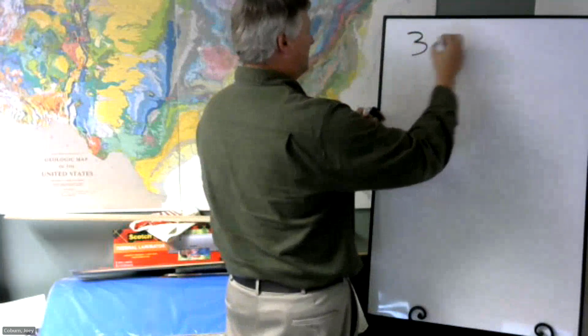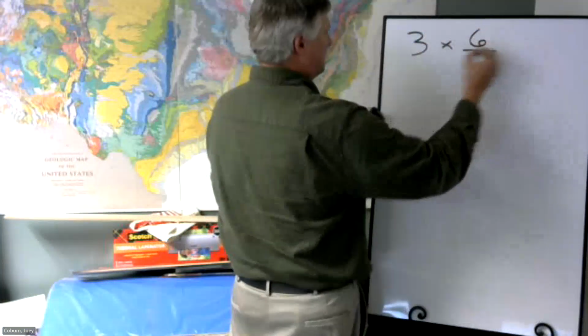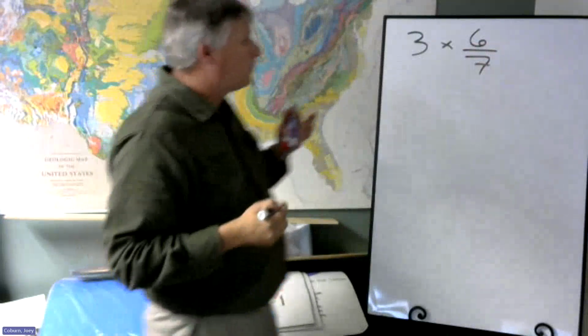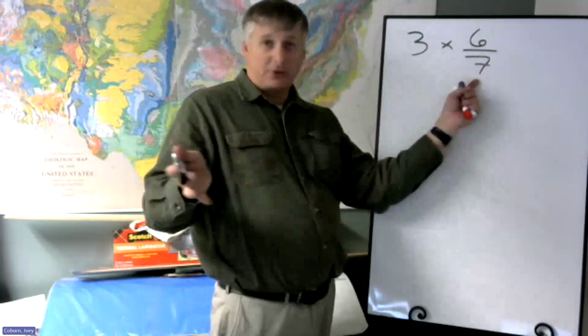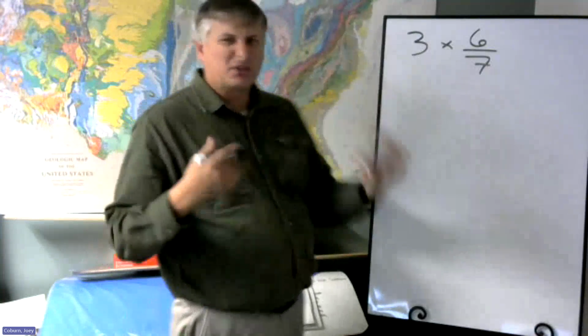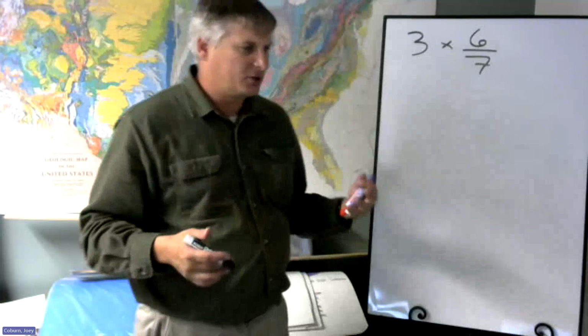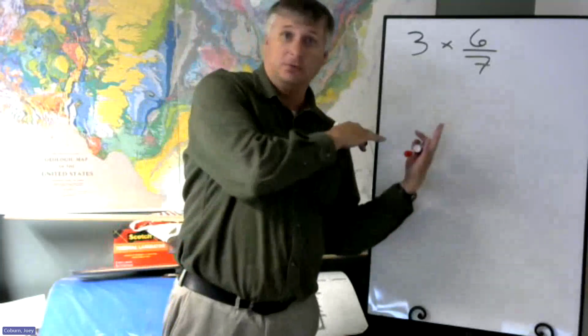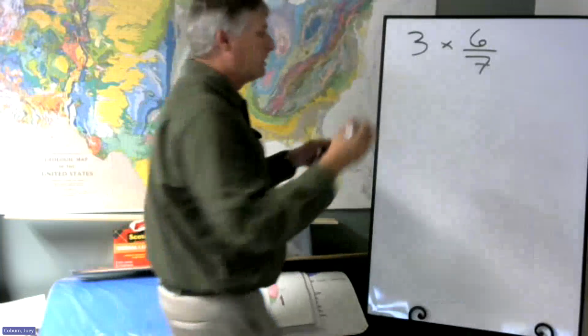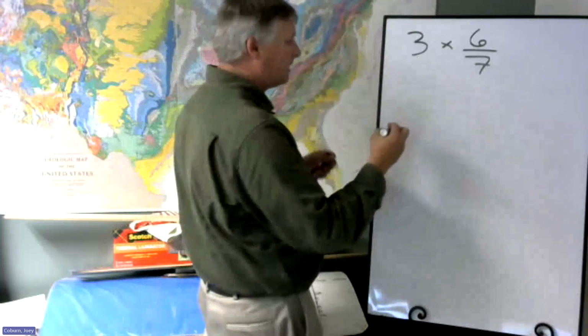You might also see something like this. What do you do here? Well, we have a fraction. It's a proper fraction, so it's not a mixed number. So we don't have to convert it into an improper fraction like we did before. But the other number is a whole number, and we want to write it as a fraction.